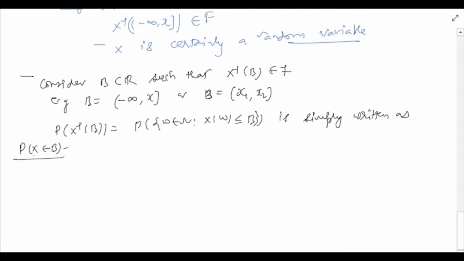So whenever we see the notation probability of X being an element of a set B, we should understand that it means the probability of the pre-image of B. Let us see an example.